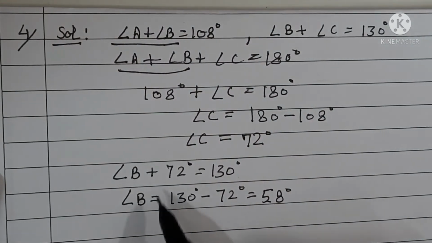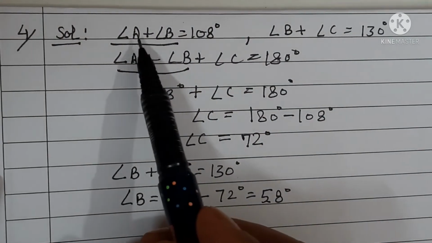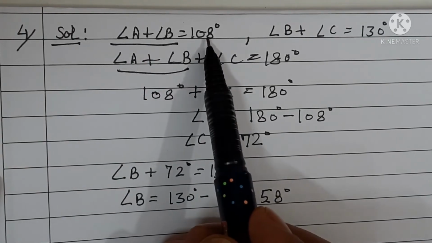So this is the value of B, and substituting this value here, angle A plus angle B is equal to 108 degrees.